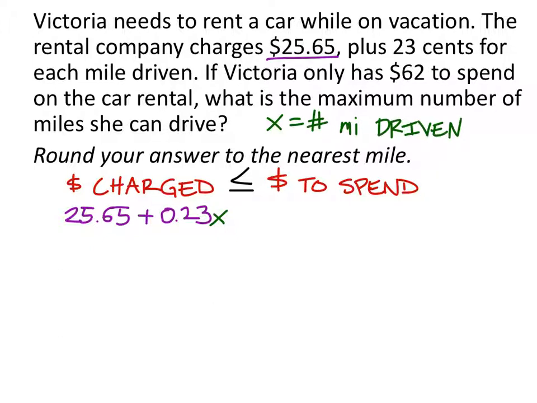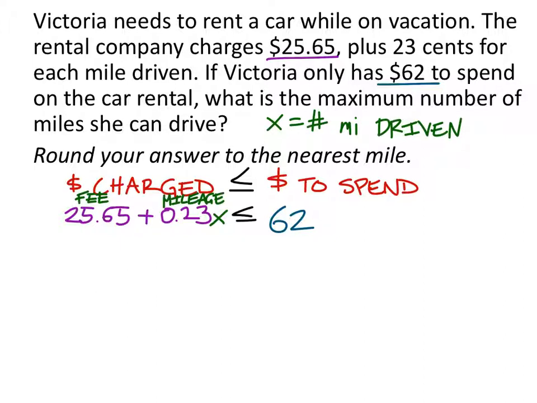So just to define these two, the 25.65 is some kind of fee, and the 23 cents is based on the mileage, and that's how much she would be charged for the mileage. Now this is going to be less than or equal to the amount of money that she has to spend, which shows as $62. So this gives us an inequality now that we can solve, and once we do solve it, we'll know how many miles maximum that Victoria can drive.